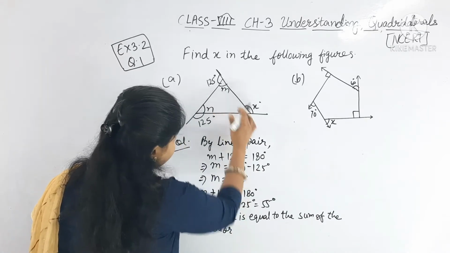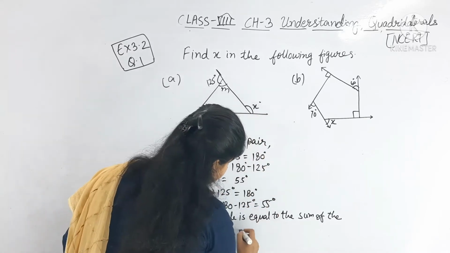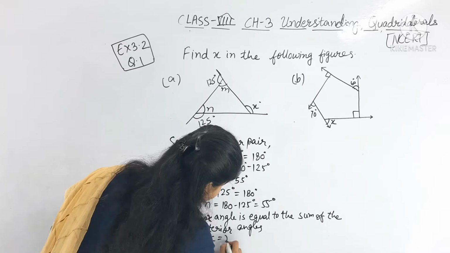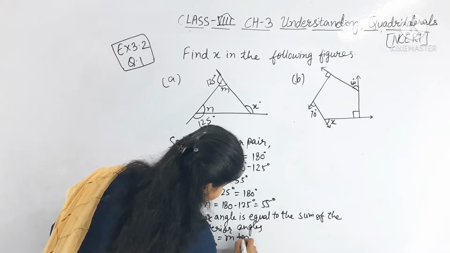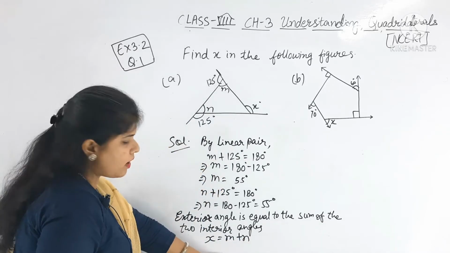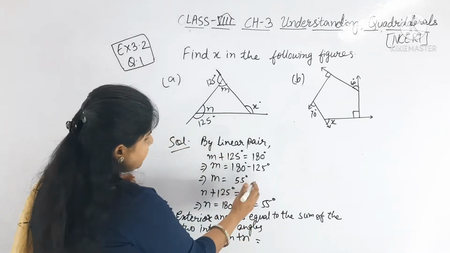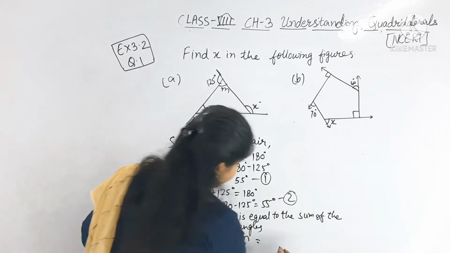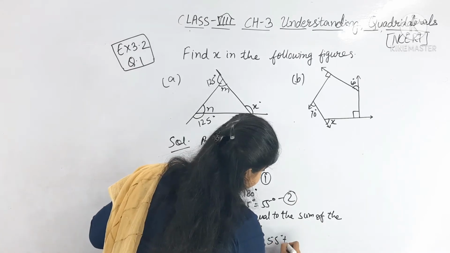So these are the interior angles and this is the exterior angle. So x is equal to m plus n, and we know that m and n are 55 degree plus 55 degree.